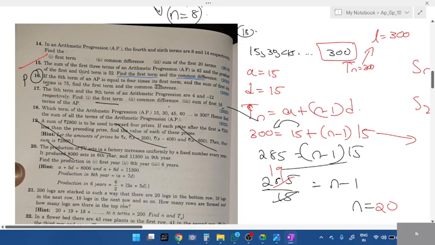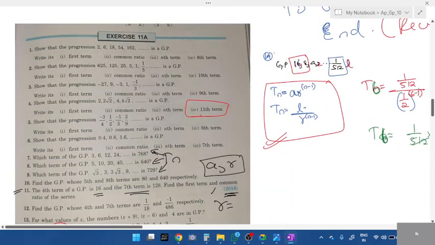Now we'll start GP questions. GP, sum of GP.